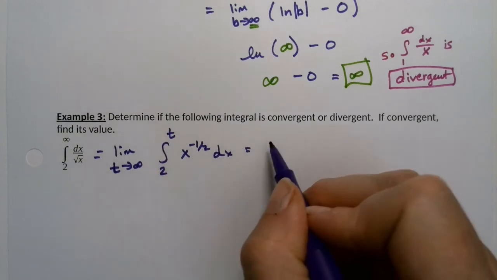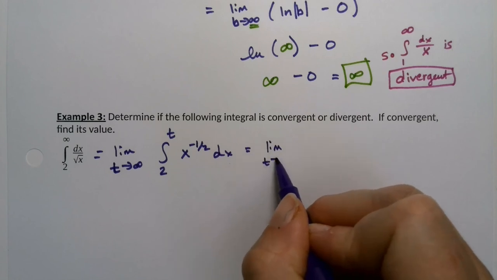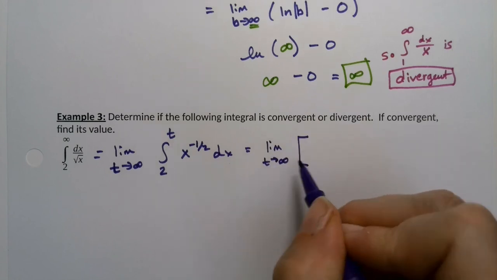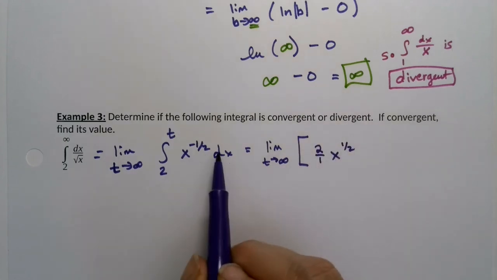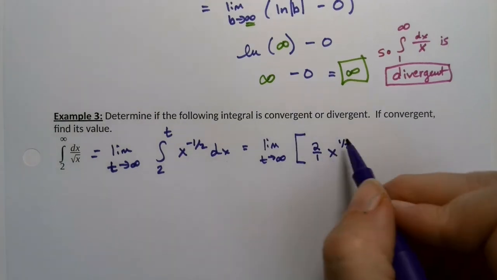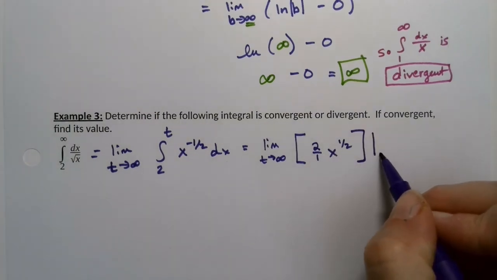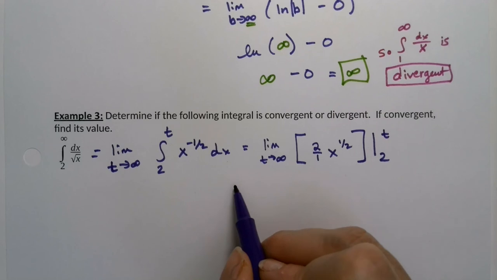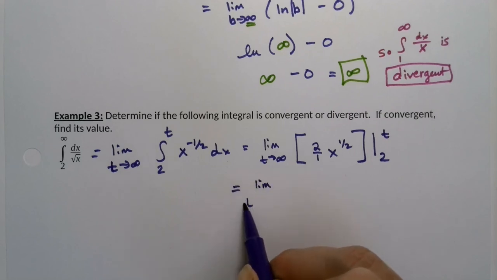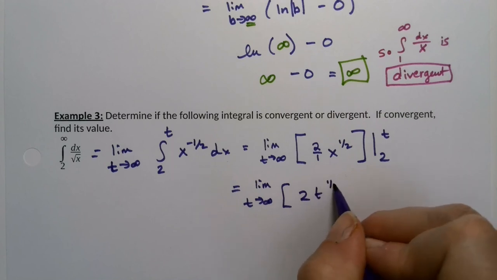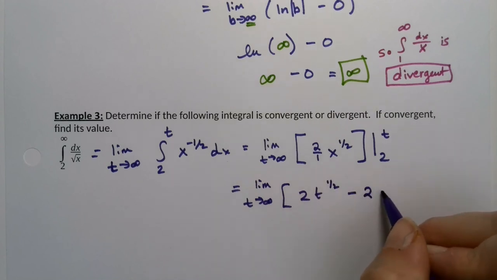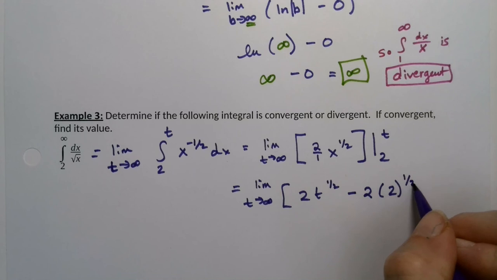And then that would be the limit as t goes to infinity. And I'm going to integrate this. The integral of that would be 2 over 1 x to the 1/2, right? Because you add 1 to the power and then multiply by the reciprocal of that power. And you're going to take that from 2 to t. So this is the limit as t goes to infinity of 2t to the 1/2 minus 2 times 2 to the 1/2.